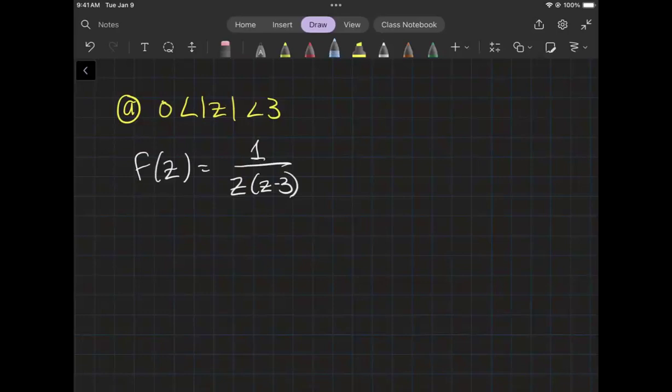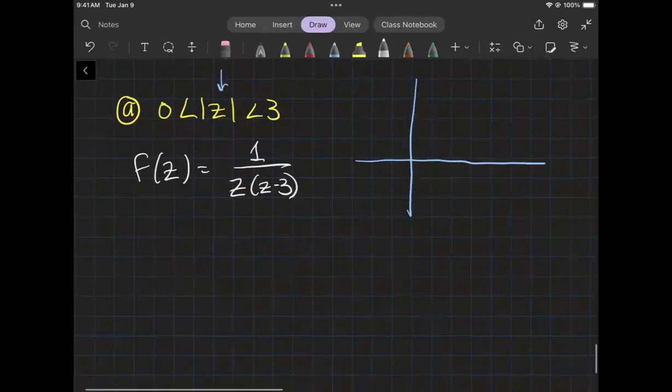Our region that we're concerned about has center 0 and it's going to be a punctured disk at 0. And we are including the circle of radius 3, right? So here, here, and there.